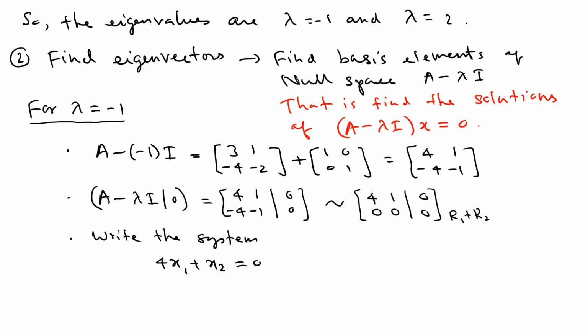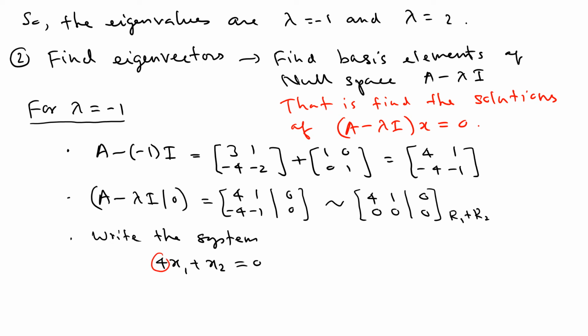And then you can see that x2 is a free variable. So you can pick anything you like as a free variable. You can pick either x1 or x2 as a free variable. It doesn't really matter. What I'm going to do is take x1 as a free variable. That's a little bit away from the standard approach, but we do that just to avoid fractions, because you can see that there's a 4 here.